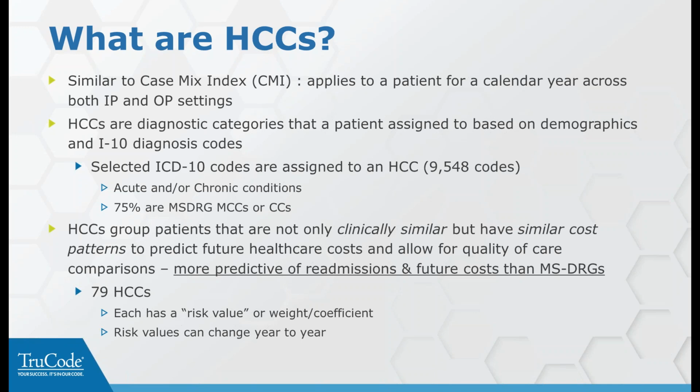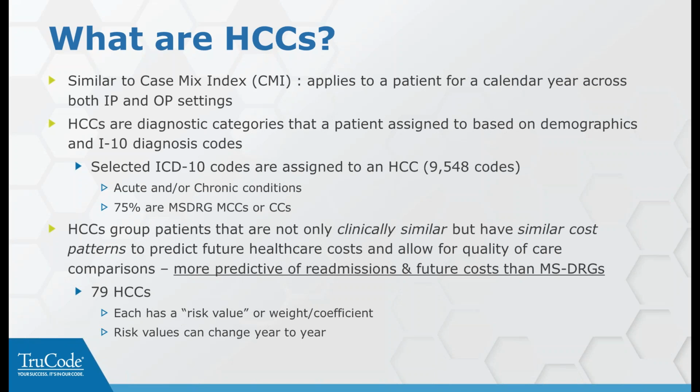HCCs, like DRGs, group patients that are not only clinically similar but have similar cost patterns, to predict their future healthcare costs and to allow comparisons for quality across providers. However, as you can see on this slide, HCCs are more predictive of readmissions and future costs than the MS-DRGs have proven to be for inpatient care.